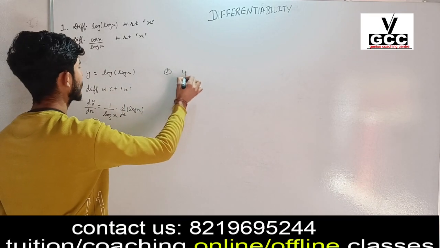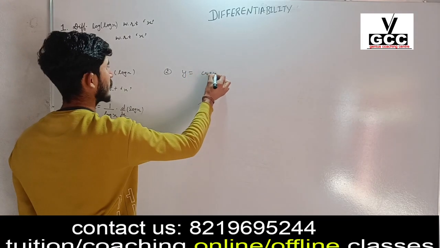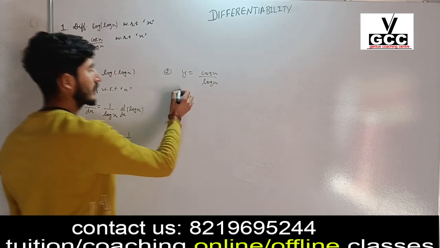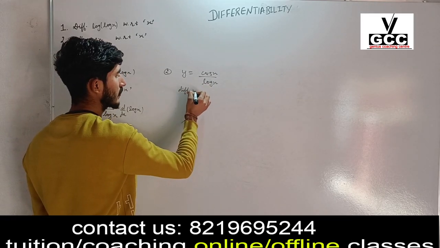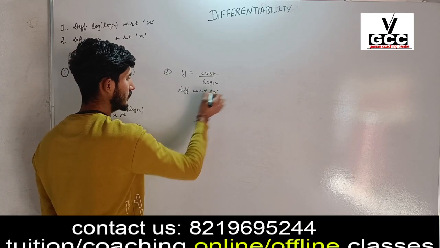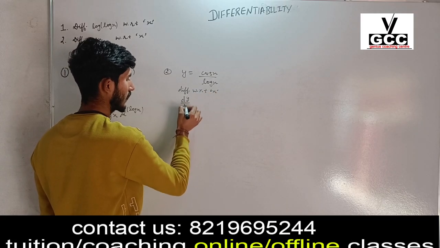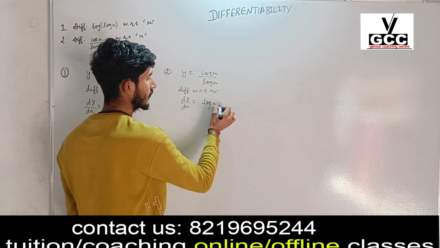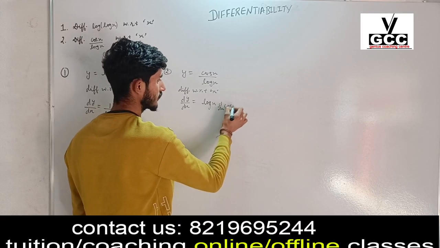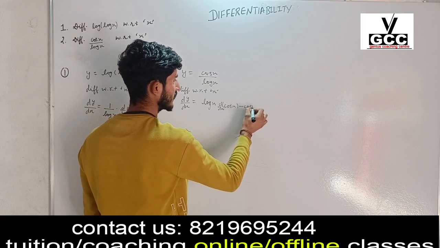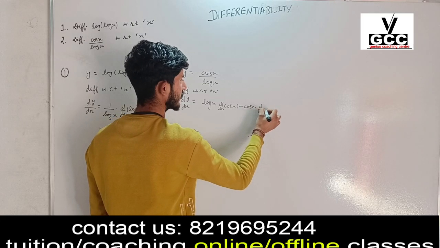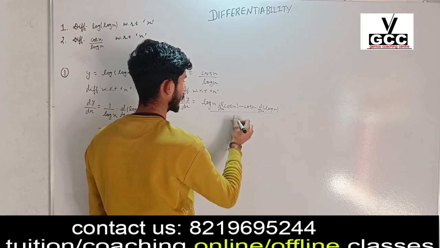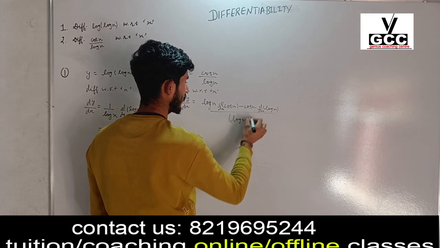We have another example. Second, let y is equal to cos x upon log x. We have to apply the quotient rule and differentiate with respect to x, dy/dx. Log x as it is times the derivative of cos x, minus cos x as it is times the derivative of log x, upon log x whole square.